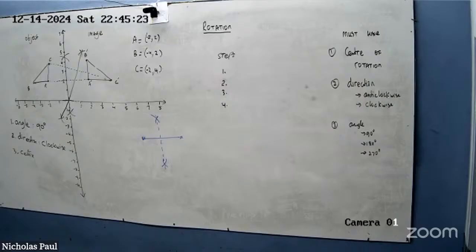Step number 3, connect B to B prime. Step number 4, bisect the line B to B prime.